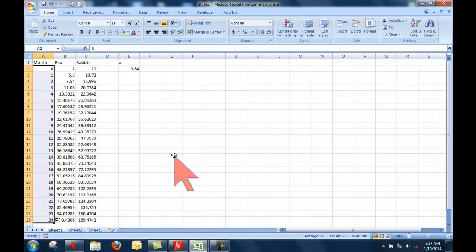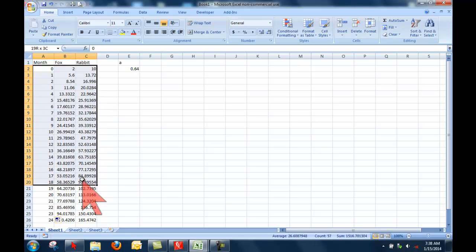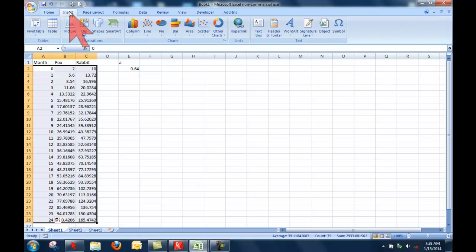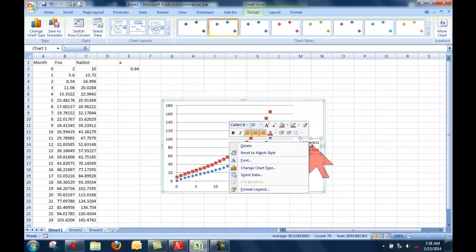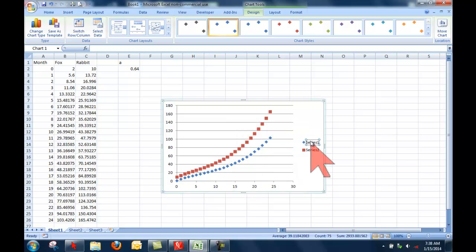Fill series. Okay, now I want both of these populations on the same graph. Let's highlight this whole region and insert a scatter plot. And series 1 is the fox population in blue. Series 2 is the rabbit population in red. I thought I could rename these.